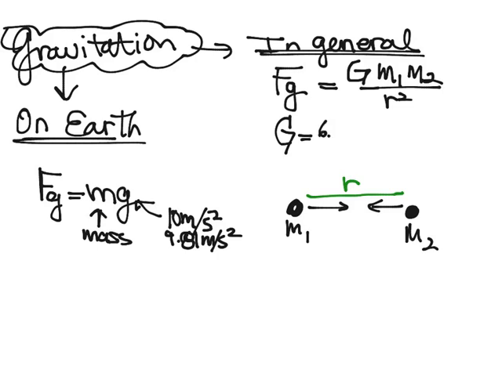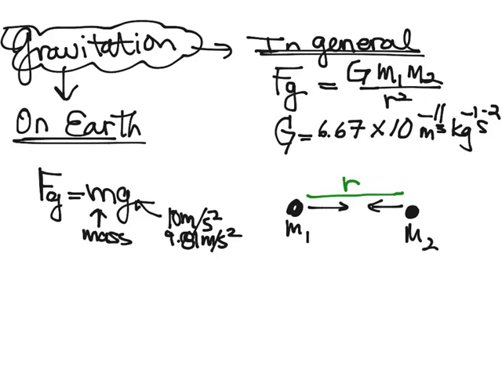It's equal to 6.67 times 10 to the negative 11, and the awful units associated with this are meters cubed times kilograms to the negative 1 times seconds to the negative 2. This is true universally, which is why we call it the universal gravitational equation.